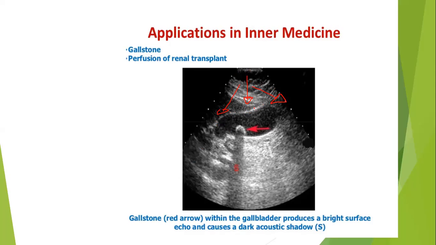So as it is a thick structure, the ultrasound beams are going to bounce right into our equipment. Okay. However, here you can see fluid, right? And inside of the gallbladder, we can see a gallstone. This is what this is called.